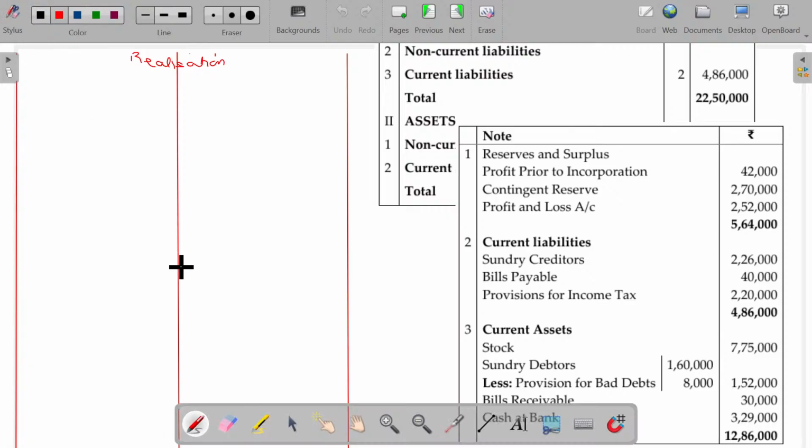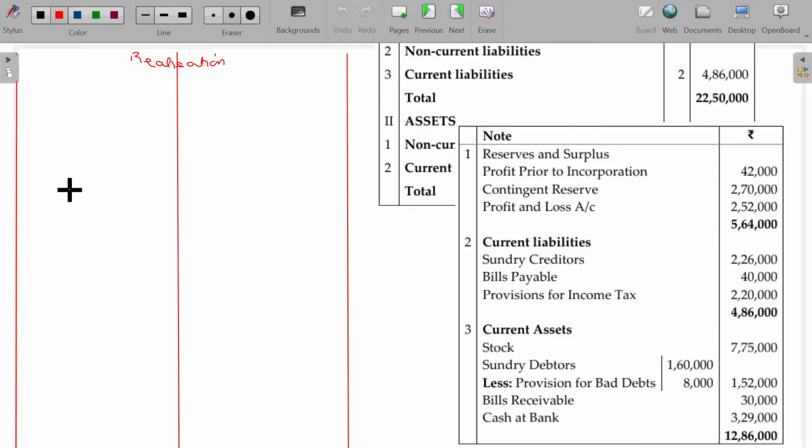So realization, purchasing company being Y account, and then equity shareholders account.